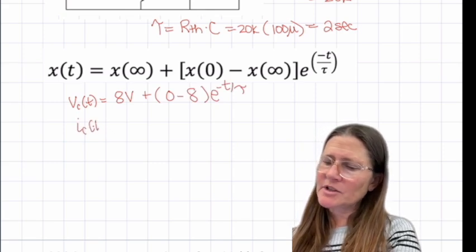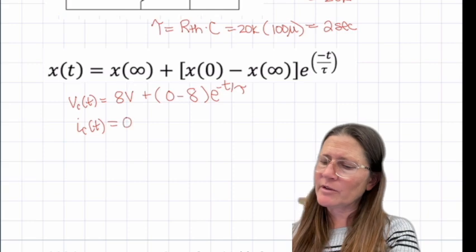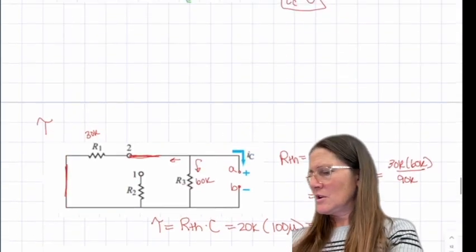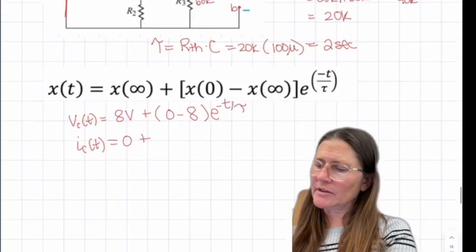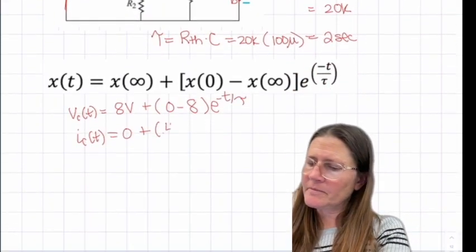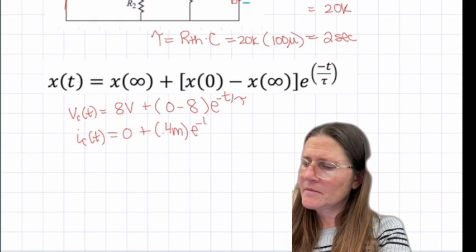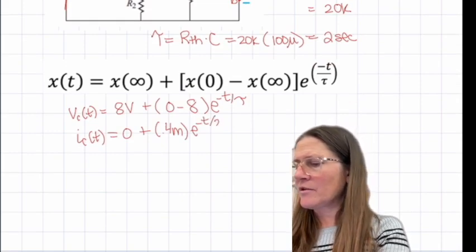And IC of t had 0 as the final, and 0.4 milli is the initial, over 2.